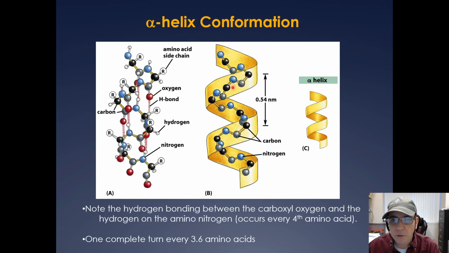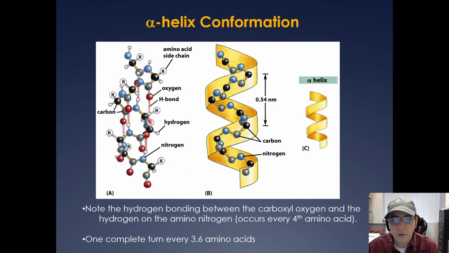It forms this helical structure that comes around where it's looping. And what you have is hydrogen bonding between them. So the oxygen that comes off of the terminal carbon is hydrogen bonded to the nitrogen.